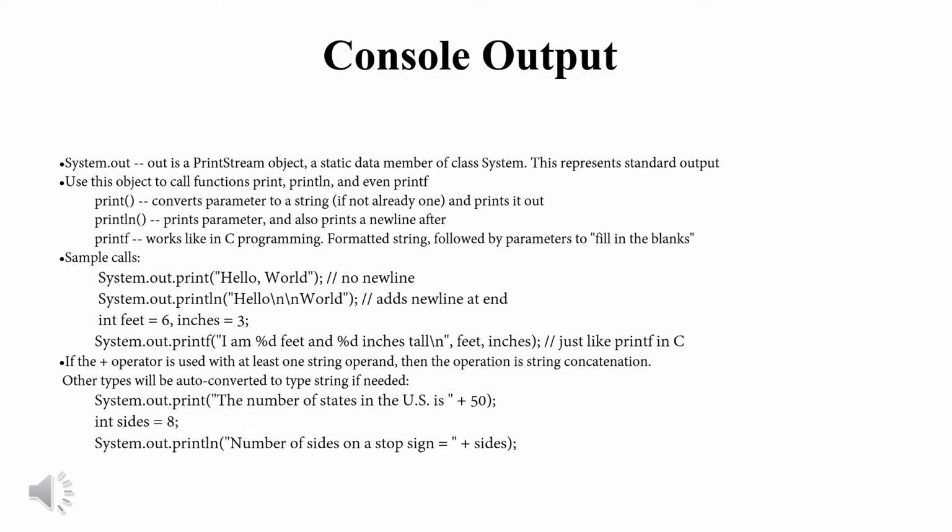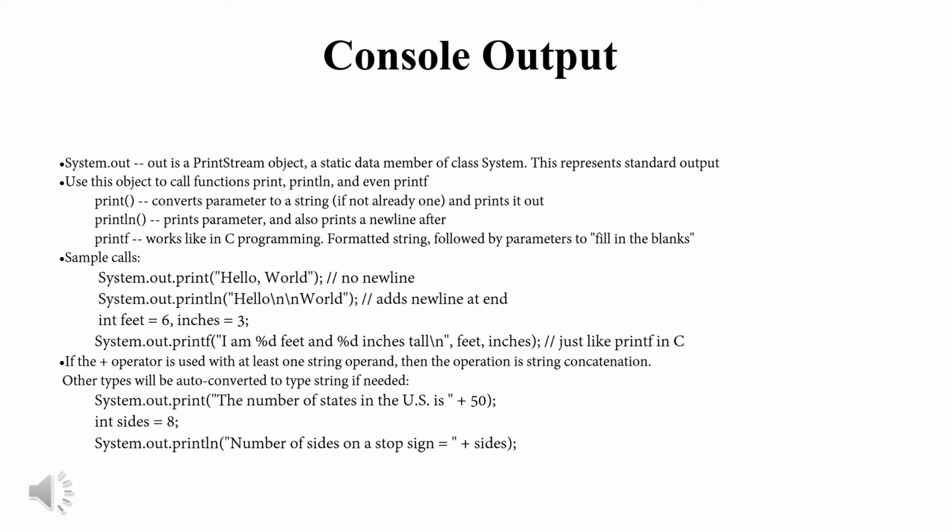So for example, we have System.out.print hello world. So this line of code will print this message on the output. You yourself can try these simple examples and see what can be the actual result.